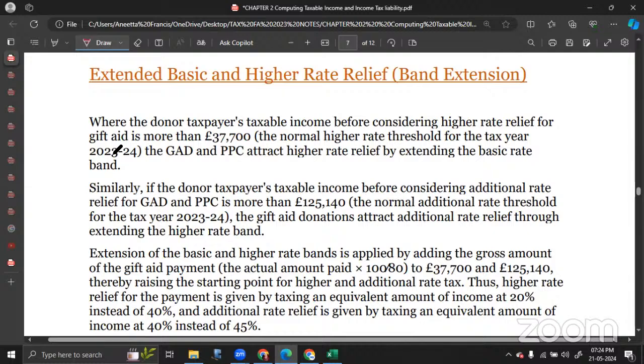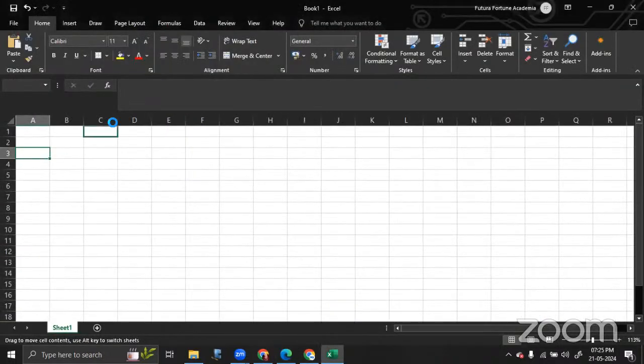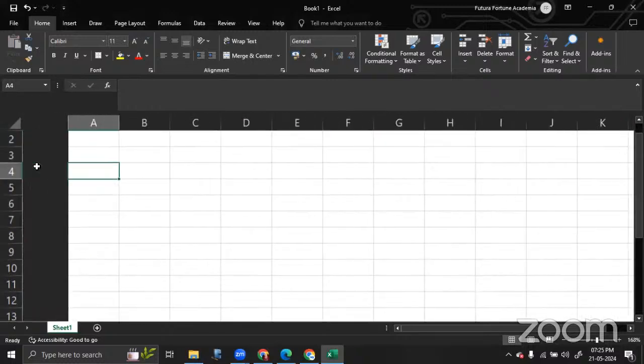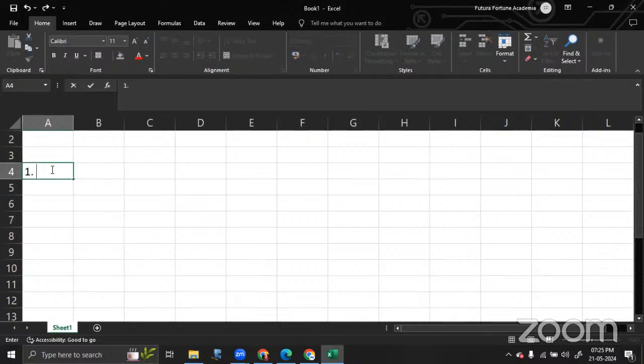If both conditions are satisfied, you will have to do a band extension. What is the number one condition for band extension? In the question, they will have to mention there is a PPC or a gifted donation during the tax year.